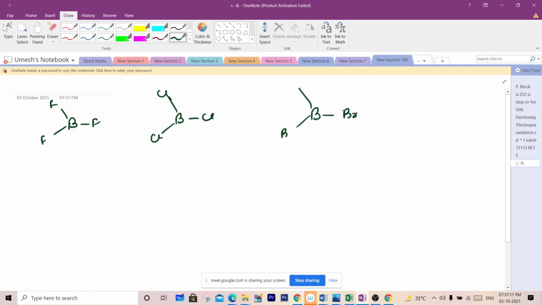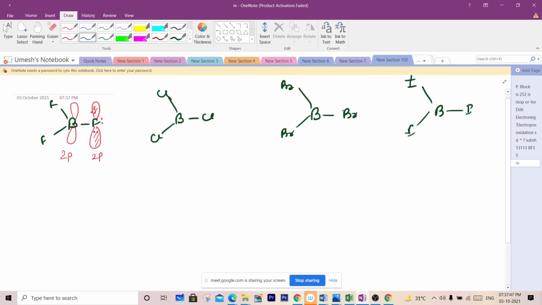This is the structure here. In case of the boron, this is the empty orbital here, in which an electron pair has to be accepted, and it is a 2p energy level. And this fluorine has a lone pair that is also in the 2p energy level.